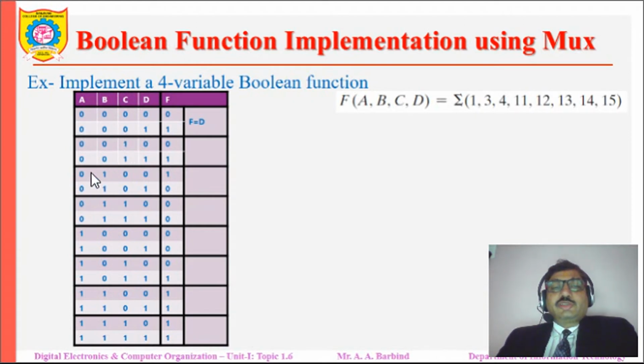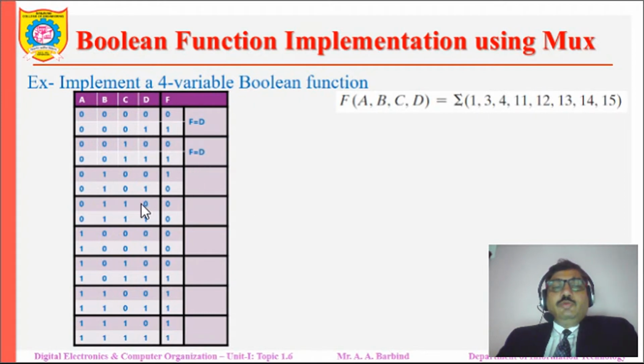Okay, now consider the next pair for which ABC is 0, 0, 1. Again, if you look at the relationship between the value of f and the value of d, we can write f is same as d. So again we write here f is equal to d.